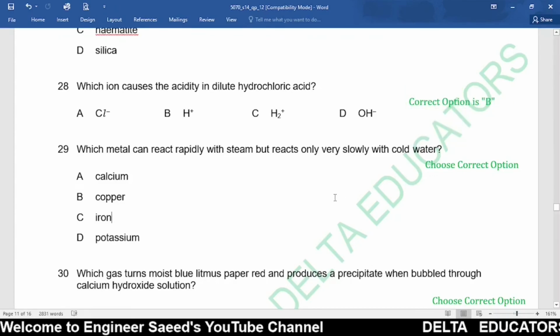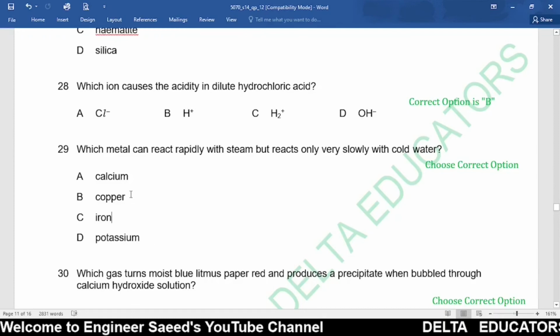Question number 29. Which metal can react rapidly with steam but react very slowly with cold water? Option A, calcium, B, copper, C, iron, D, potassium. Calcium and potassium are highly reactive metals, so calcium and potassium will react with steam and also with cold water. So A and D are incorrect options.